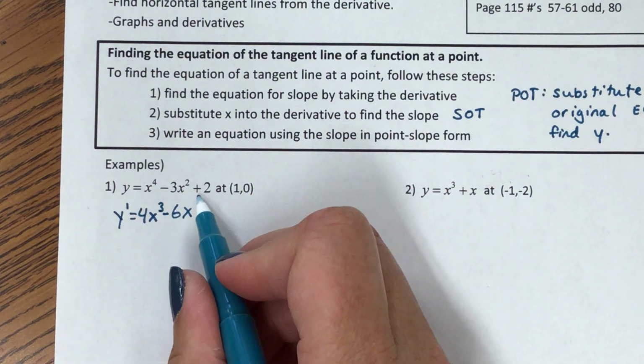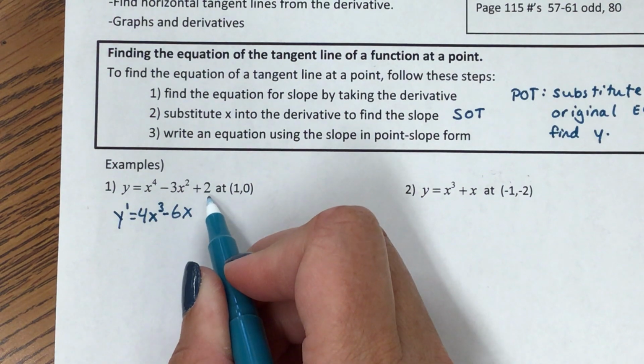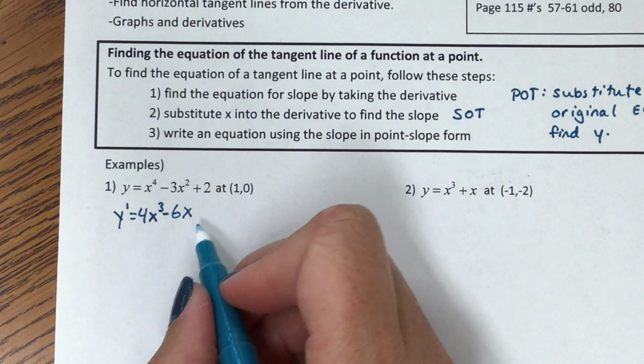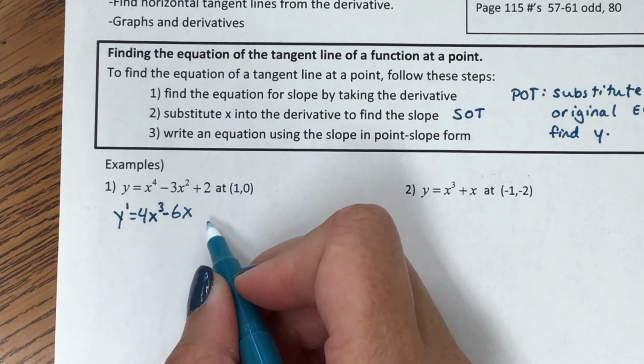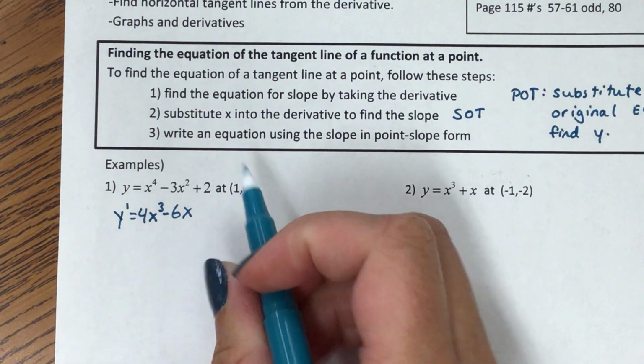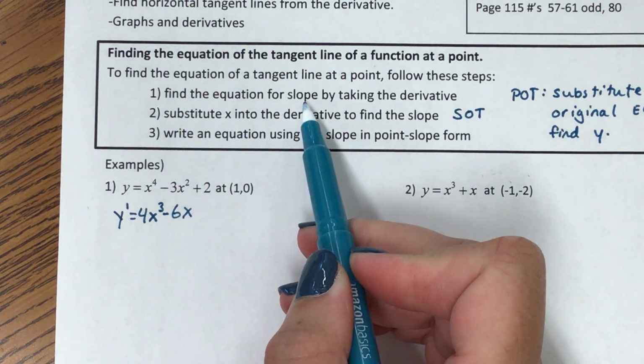And then plus the derivative of any constant is 0, because a constant has a slope of 0. So you don't have to put plus 0, it actually just kind of gets in the way. All right, so we're done with step number 1, find the equation for slope.